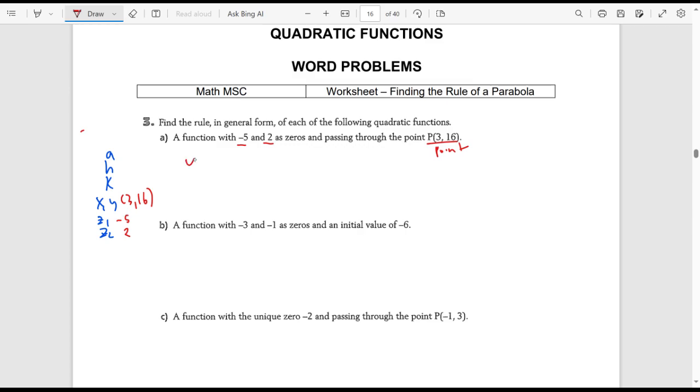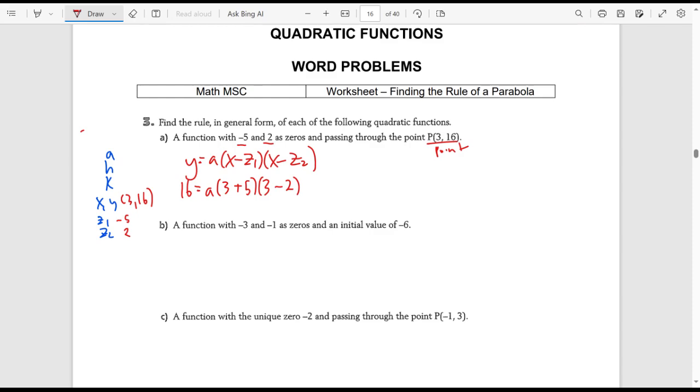Now that we've identified that this is in zeros form, x minus z1, x minus z2, we are going to plug all of those things in. So I'm going to plug in the y value I have, and the x value I have. The first zero, the x gets replicated in zeros form, so I'm going to have 2 3s, and then I'm going to put the second zero in.